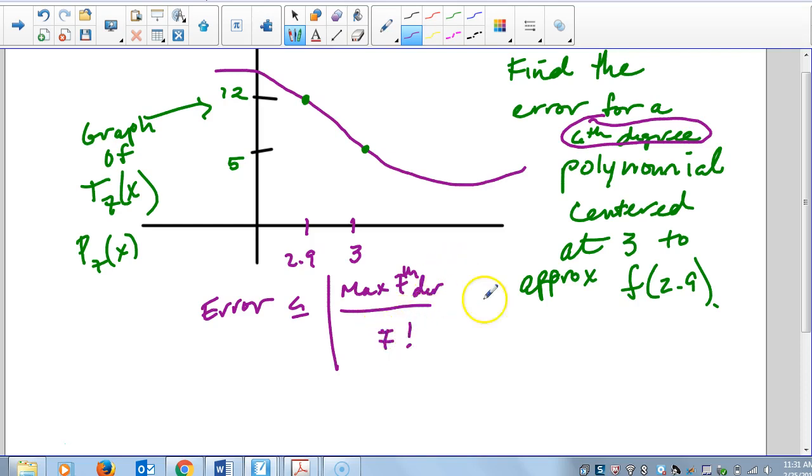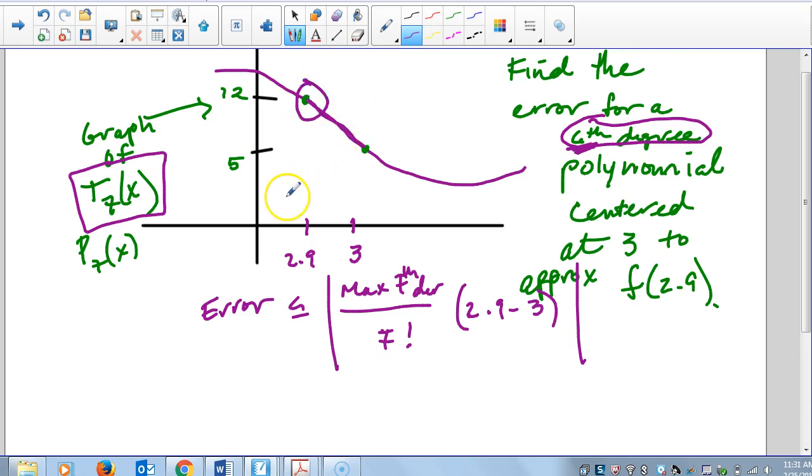And you might say, why are you working with 7? This will be 2.9 minus 3, because my center is at 3. Well, I'm using the 7th because it said stop at the 6th. This is the 7th, the maximum value of which on this interval occurs right here.